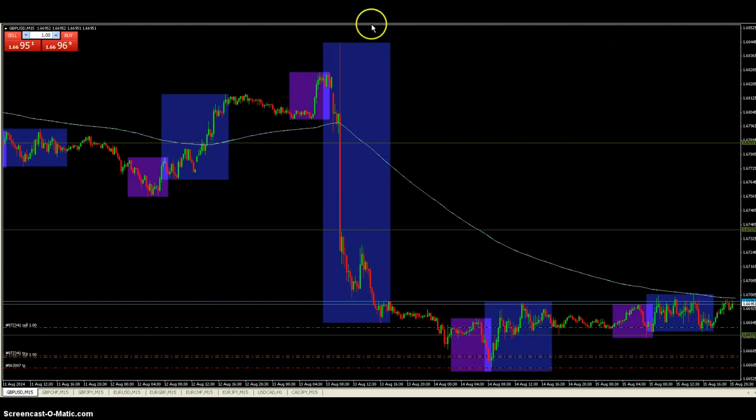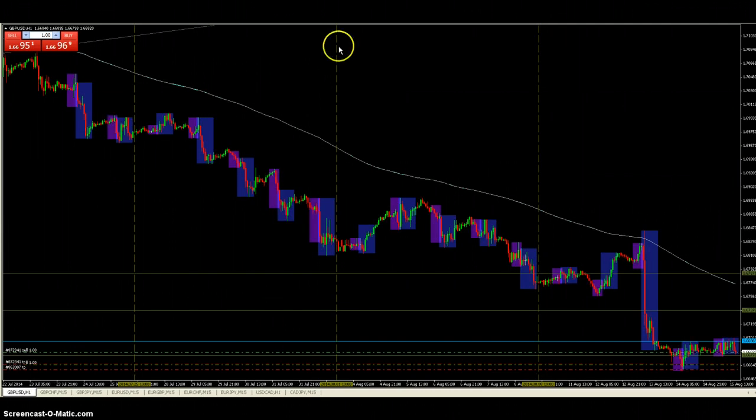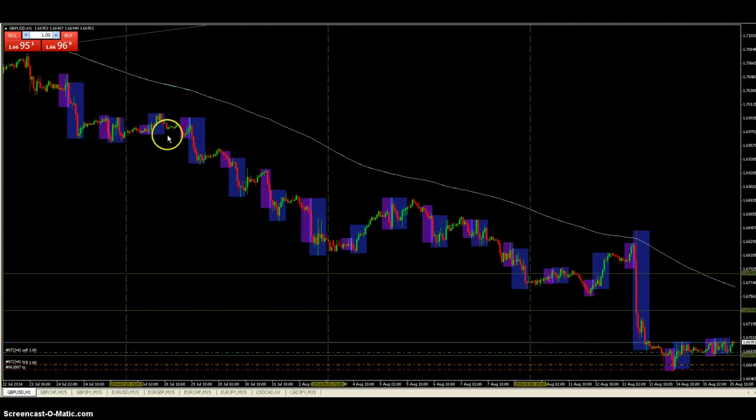And if I change it to the 1 hour chart, you can see we get quite a different view of what's been happening. So these are days, and I've marked the start of the week, so that's Monday. So from Monday to Friday, this is what's happened. The following Monday, the following Friday, that's what happened. And then last week, this is what happened.